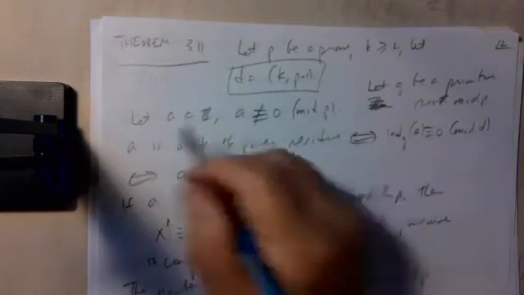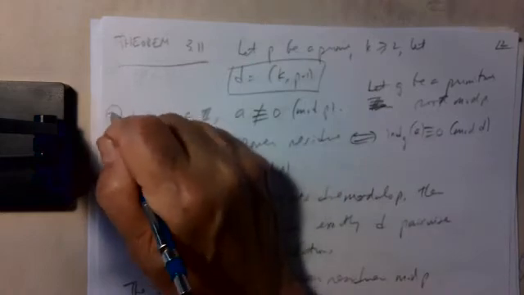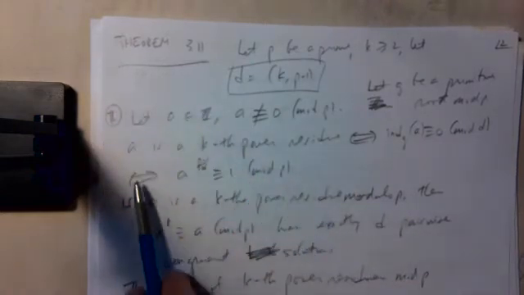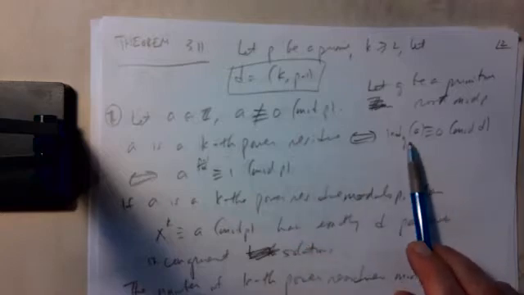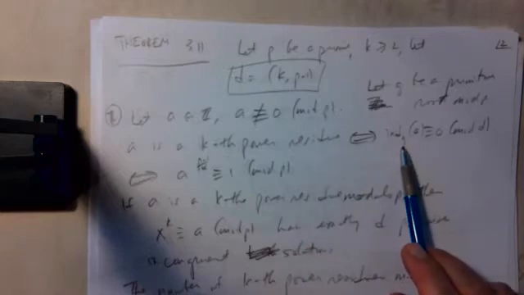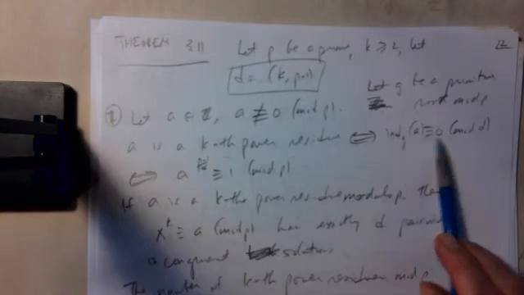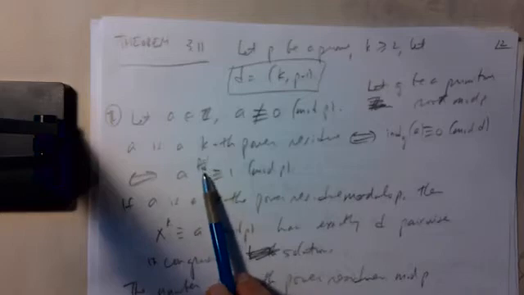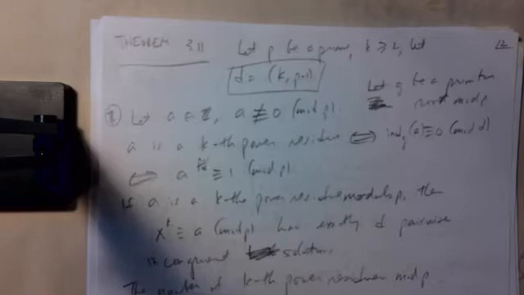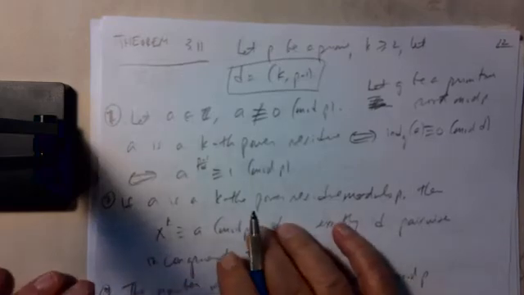The first part of the theorem says a is a kth power residue if and only if the index of a with respect to a primitive root g is divisible by d, or if and only if a to the power p minus 1 over d is congruent to 1 mod p. So let's see if I can prove this first statement.